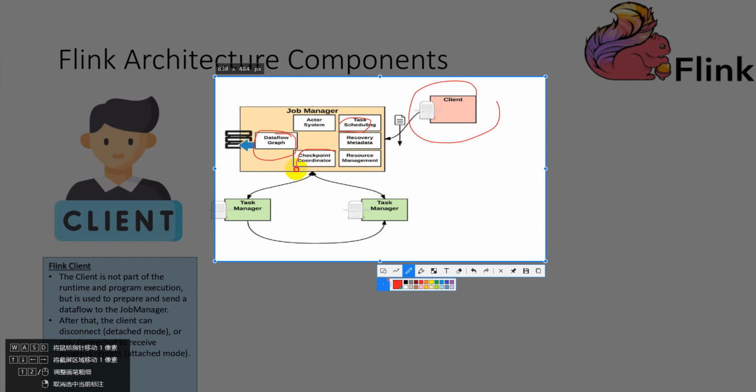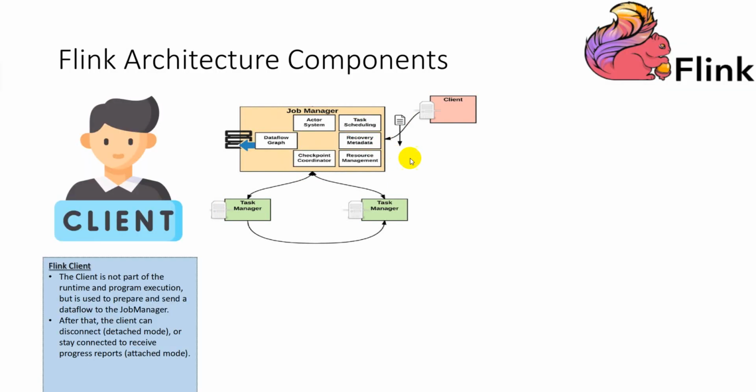It provides the checkpoint coordinator to coordinate the checkpointing of each task, including the checkpointing start and end times. It communicates with the task manager through the actor system. Also, it provides the recovery metadata, used to read the data from the metadata while recovering from a fault.